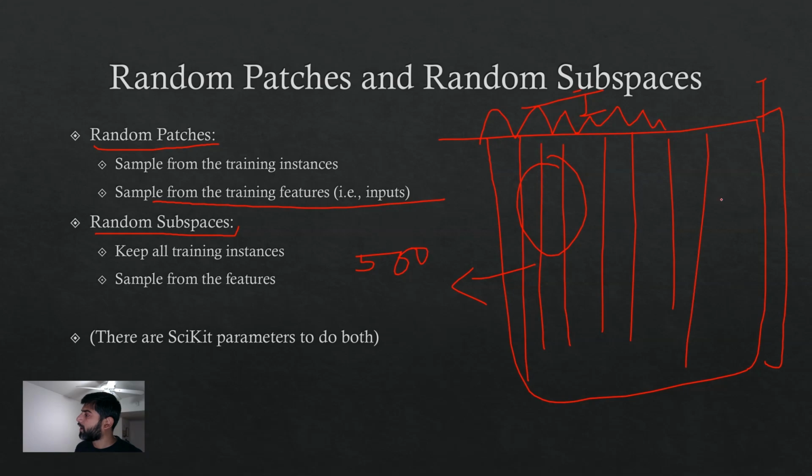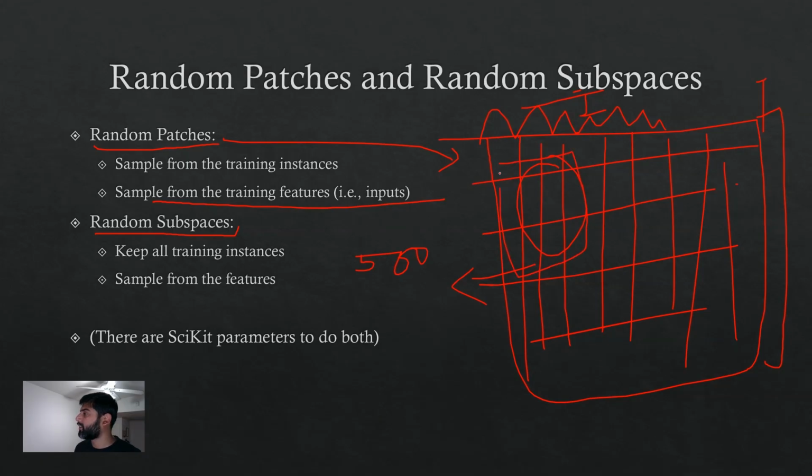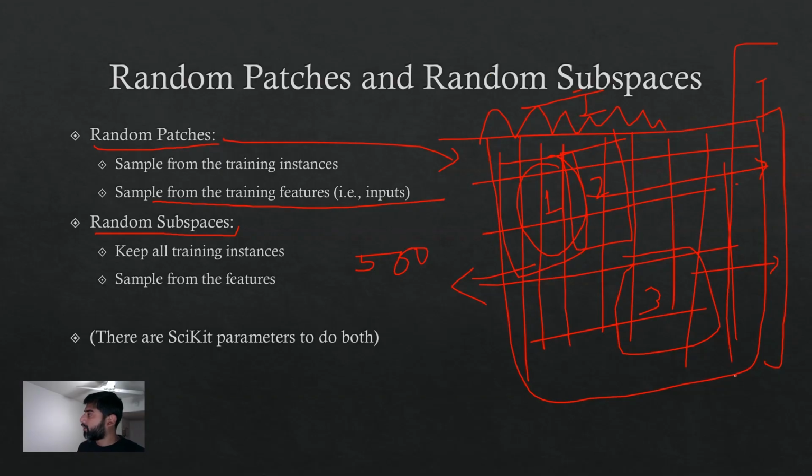So all these are columns and these are rows. When I say random patches, you can literally use patches from the dataset. A patch 1, another patch could be 2, another patch could be from here, 3. So all these data patches are predicting their respective target variable. Different patterns are learned from this dataset and finally combined to give you an overall learning model based on the ensemble idea.